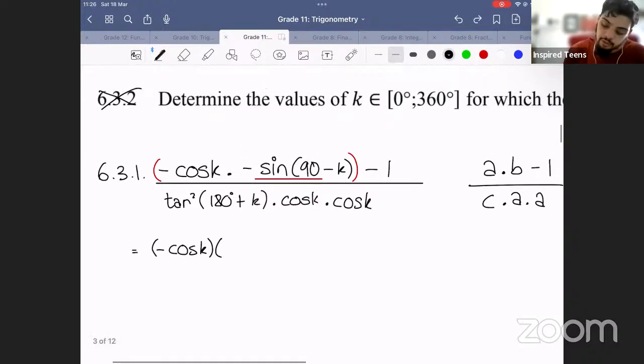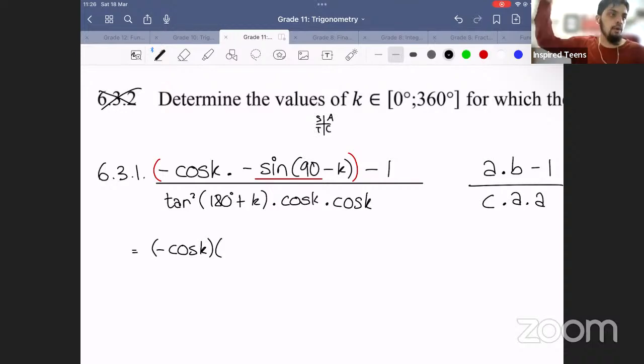You have to determine the numerical sign with the first trig ratio, which is sine. I draw my little CAST diagram, and I can see that 90 minus is positive, so it's definitely going to be positive, but there's already an existing negative there, so it's a negative times a positive, which is essentially a negative. It's going to change to cos k, minus 1.